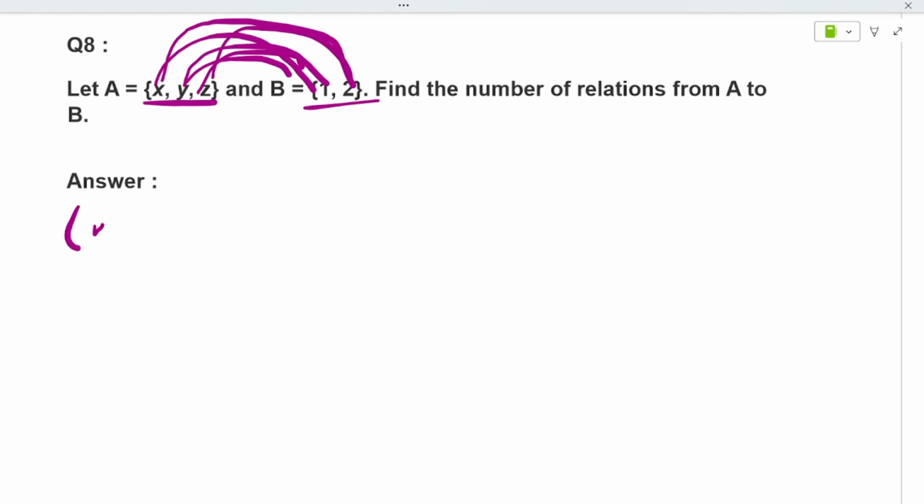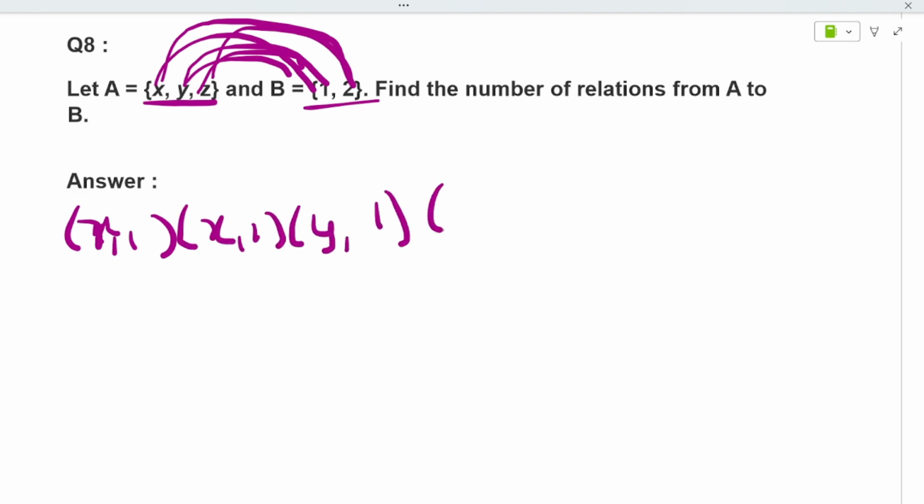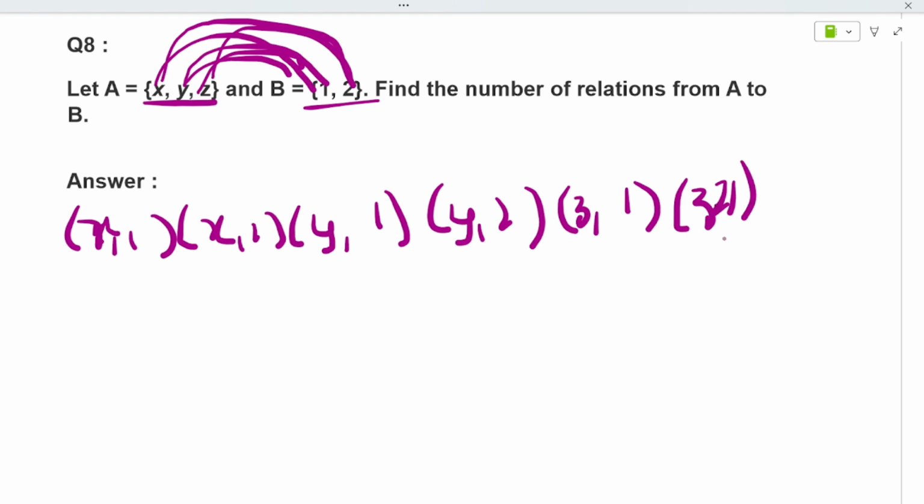So first write down x comma 1, x comma 2, y comma 1, y comma 2, z comma 1, z comma 2. This is how you got the number of elements as 6.